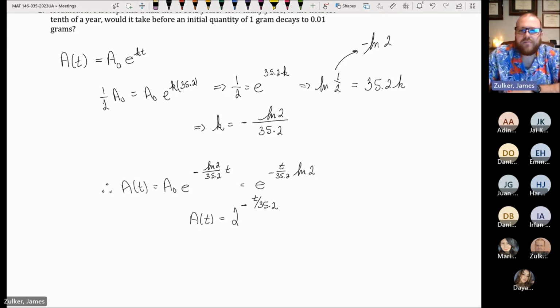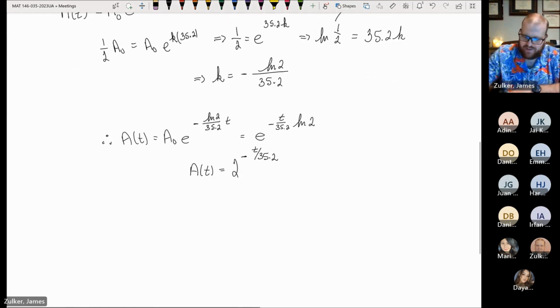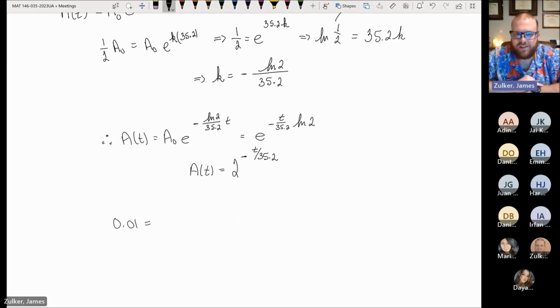We can now solve the problem. How long is it going to take for this 1 gram to decay to 0.01 grams? We want A of t to be 0.01.